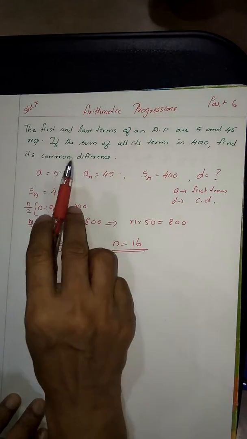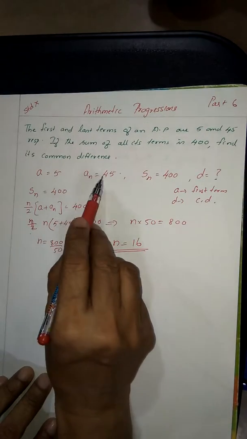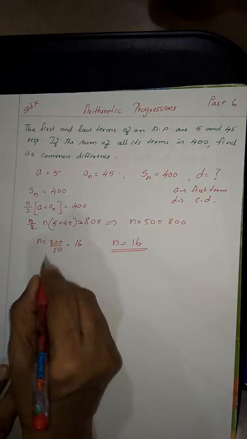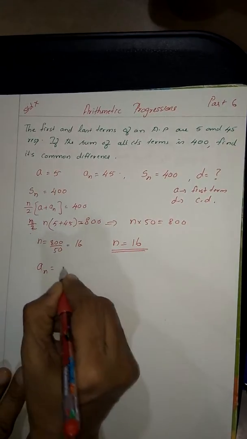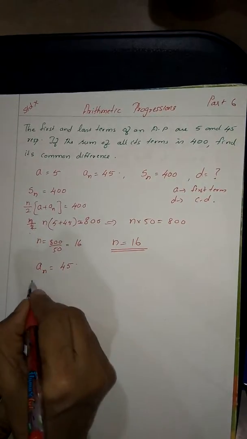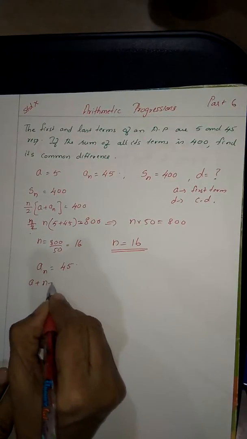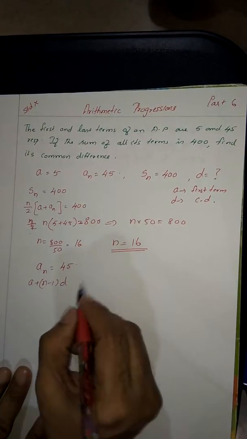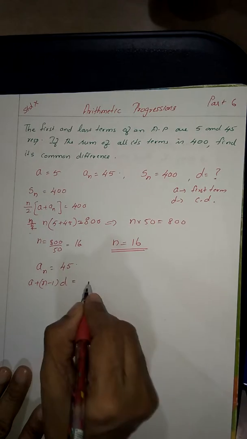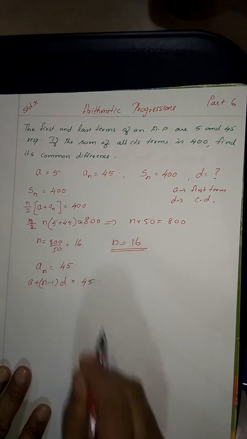Now we have to find the common difference. An is equal to 45 is given, so we will use that. An is A plus (n minus 1) into D, which is equal to 45.